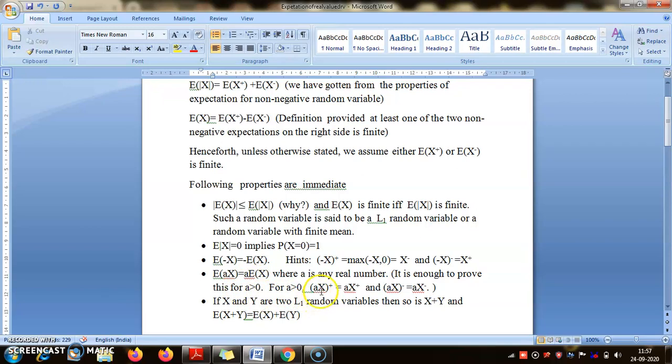And again we go by that logic: what will be ax plus? So what will be the definition of the expectation of ax?